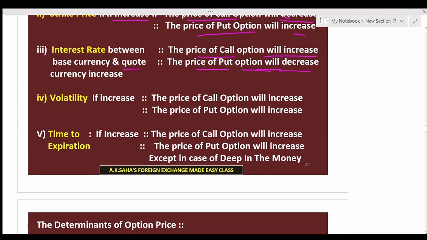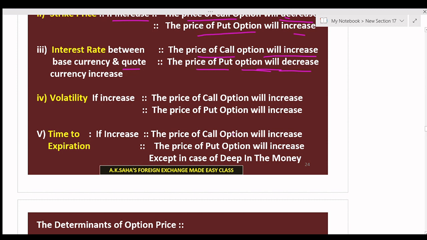Volatility. Volatility is the movement of the underlying price up and down, fluctuating quickly and steeply, or fluctuating not as drastically.